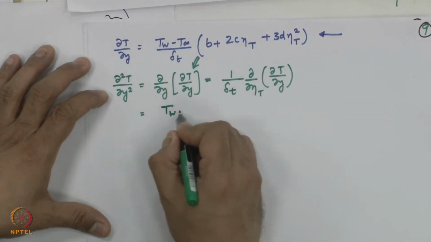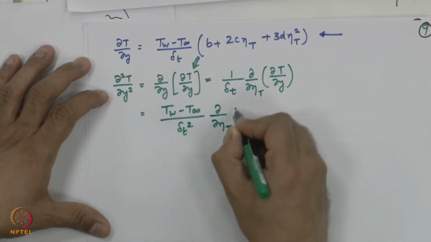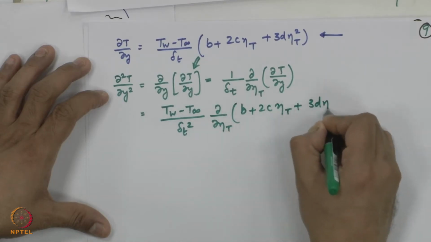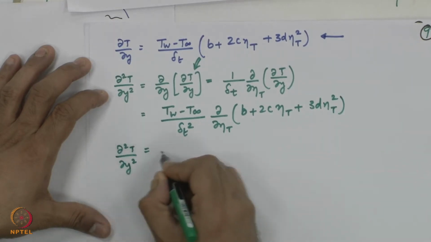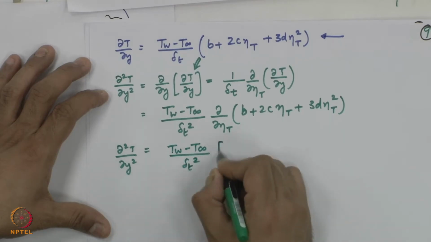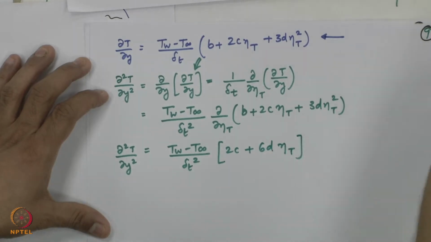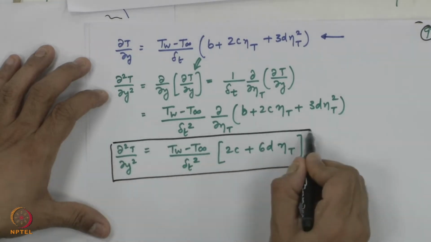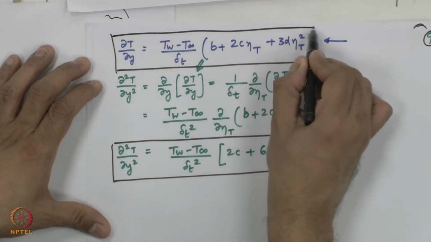So, this is T wall minus T infinity divided by delta t squared times d by d eta t of b plus 2c eta t plus 3d eta t squared, which is nothing but T w minus T infinity by delta t squared times 2c plus 6d eta t. So, d squared T by dy squared is obtained, dT by dy has also been obtained.